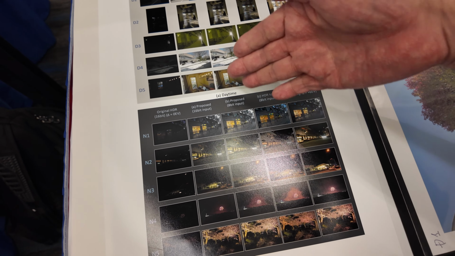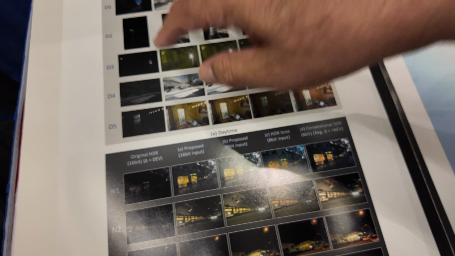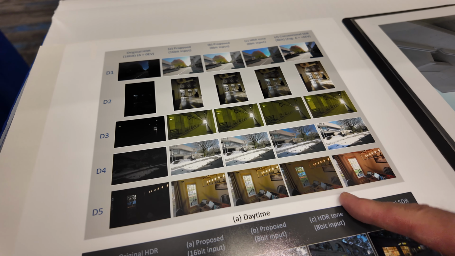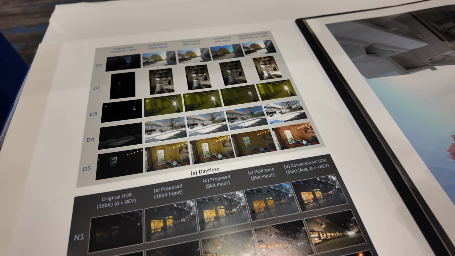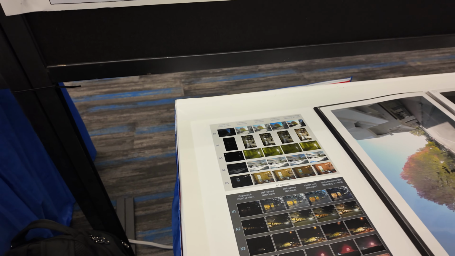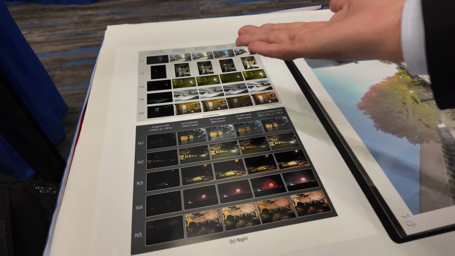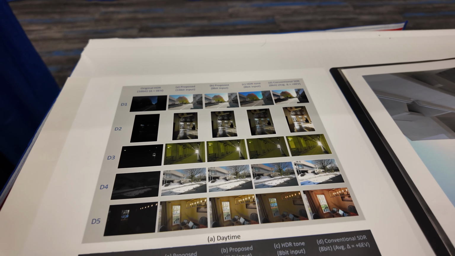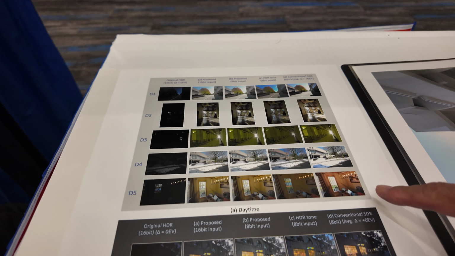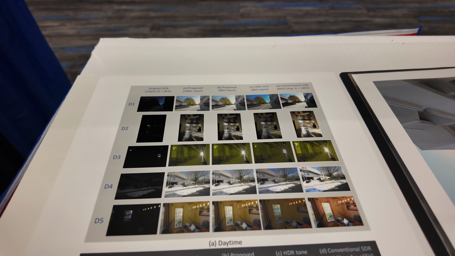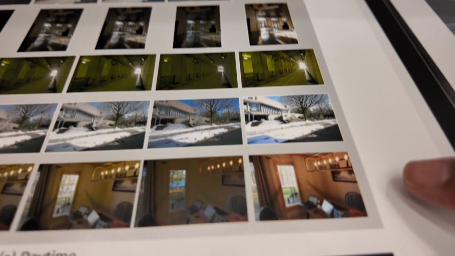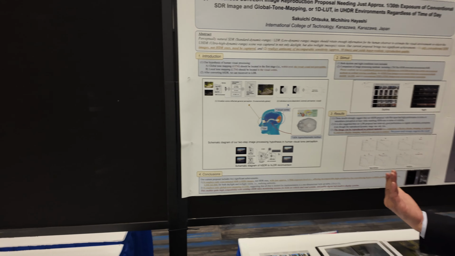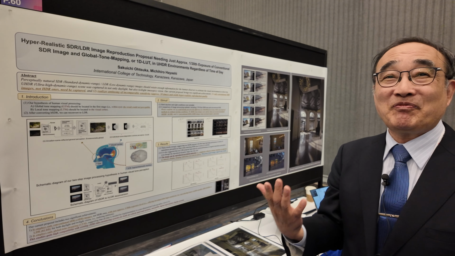Our proposal is very natural, from the same original HDR image, but they couldn't reproduce a lighter image compared with our proposal. And this is the conventional SDR image. In this case, you can see the saturation is quite high here, for example. Do you understand my explanation?